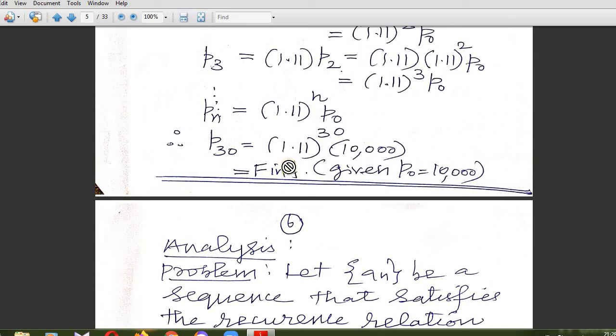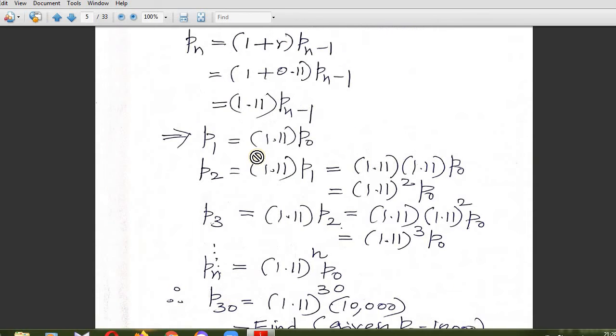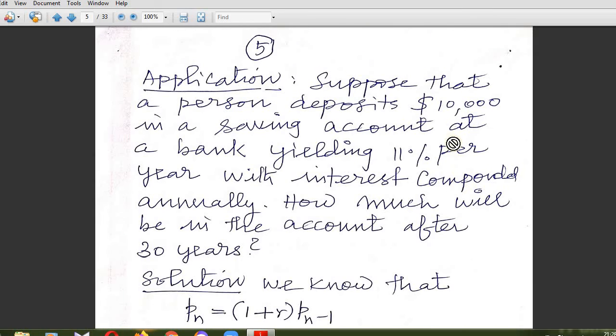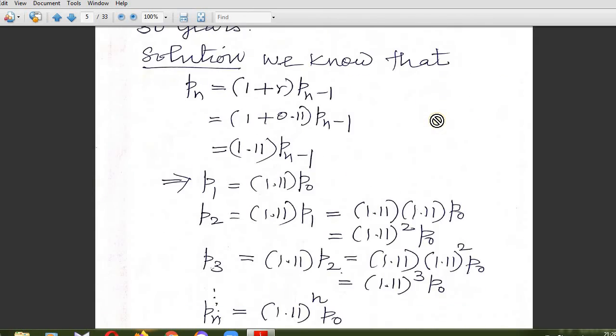Calculate this, and that would be the amount in the bank after 30 years if the interest is 11% per year and the initial deposit is 10,000.